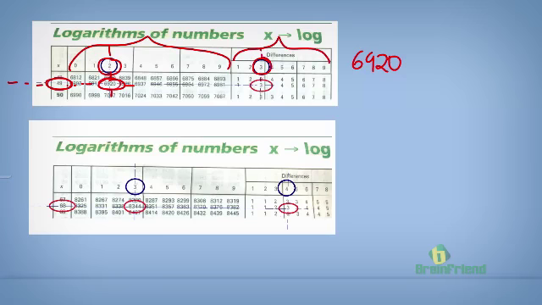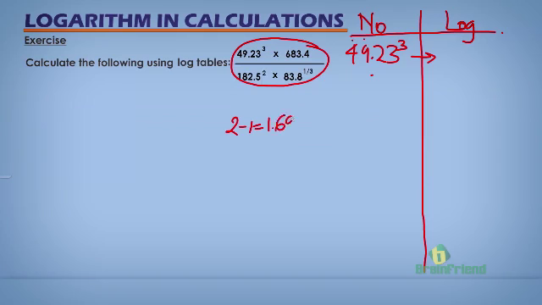If we once again trace our column to meet up with the row, they would intercept at this point where we have a value 3. So we get our log number by adding our values 6920 and 3, and that would give us 6923. It means that the logarithm of 49.23 is 1.6923. Let's write that down on our table.